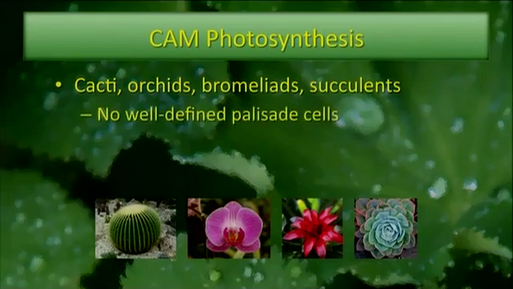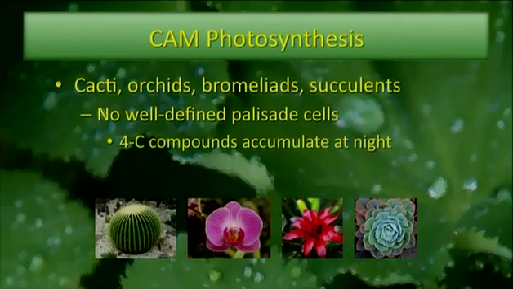Now, generally these plants have no well-defined palisade cells. But these 4-carbon compounds accumulate at night, mostly malic acid, which is PEP plus carbon dioxide with help from PEP carboxylase. And these acids break down during the day, releasing carbon dioxide to be converted to carbohydrates.